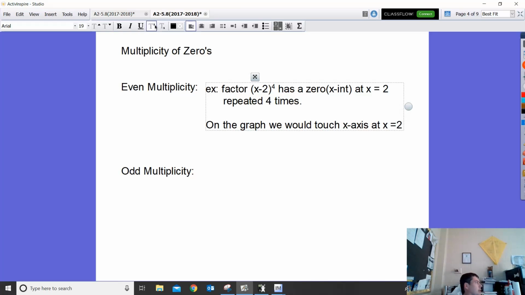We wouldn't pass through it. We wouldn't cross it like we usually do with x-intercepts. We'd touch it. It's like that special one, which, if you remember that example, was where the exponent was 2. All even multiplicities touch the x-axis. They do not cross it, they touch it.